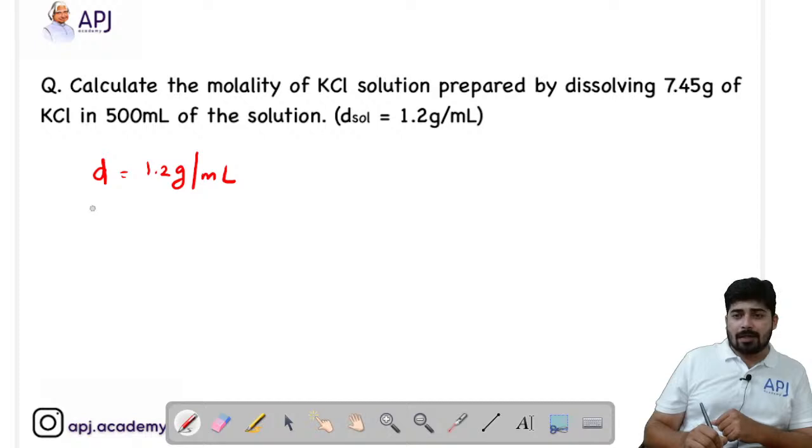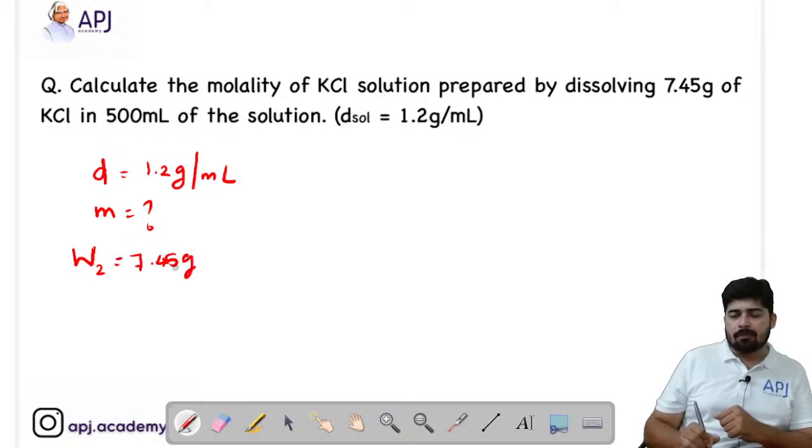Now we have to find out the molality. It is given that the mass of solute, that is weight of solute, is 7.45 gram, and we know that the compound given, that is solute, is KCl. Now can we find out the molar mass of KCl?